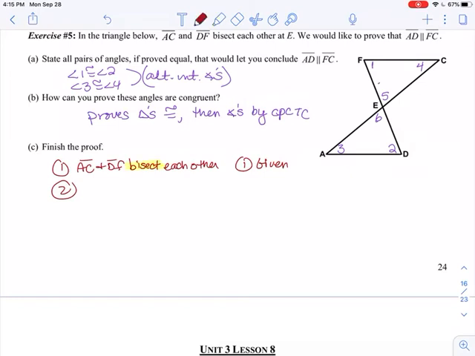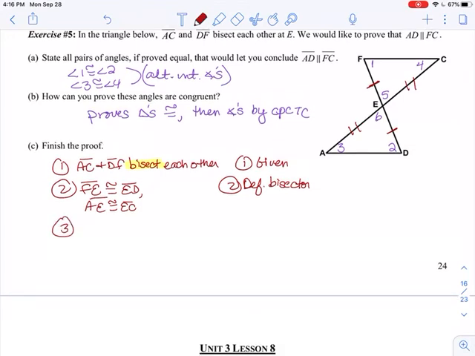So FE is congruent to DE, and AE is congruent to EC. Definition of bisector: a bisector divides a segment into two congruent segments.